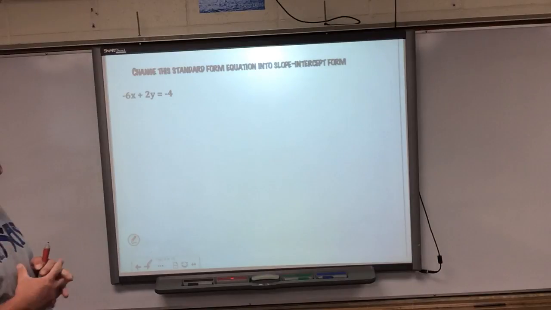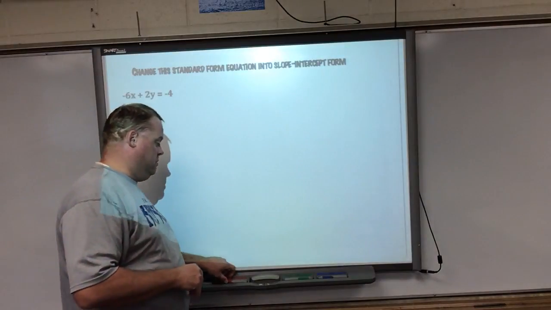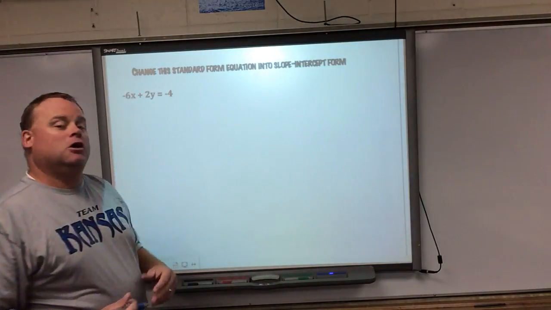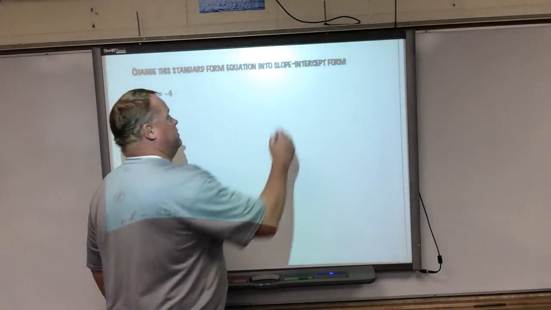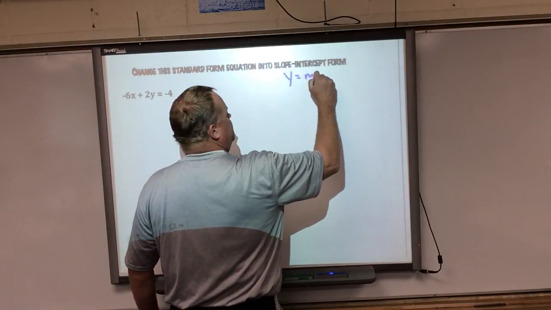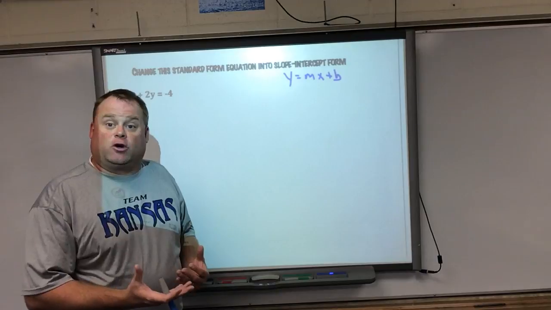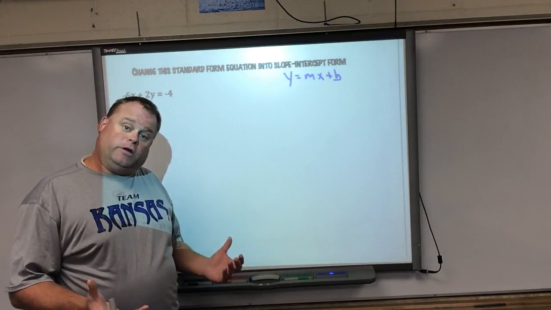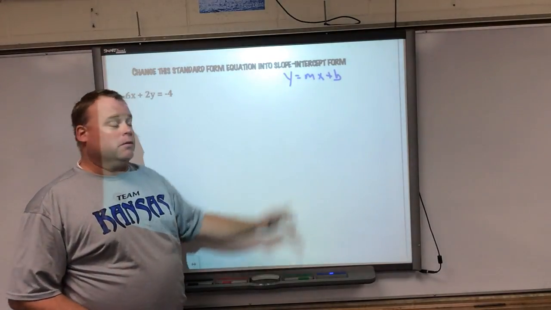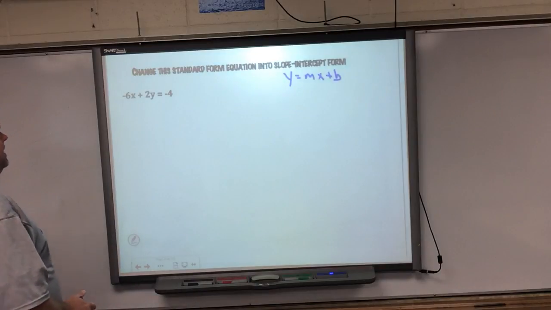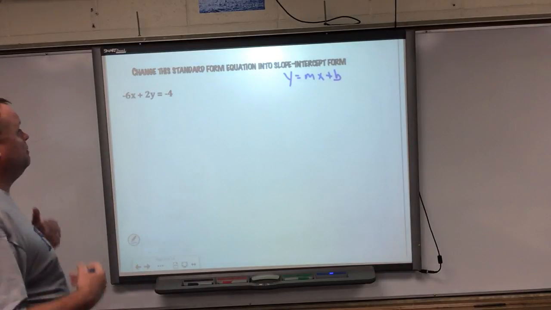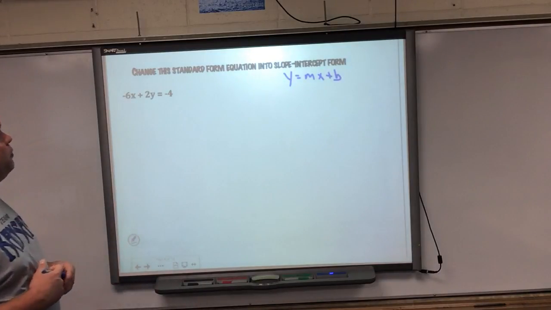Next one, change the standard form equation into slope-intercept form. Well, remember, slope-intercept form is y equals mx plus b. Instead of the equals, we're going to be using inequality signs right now because that's what we're dealing with, but really, it needs to be in this form. Okay? So I look at this, and I have negative 6x plus 2y equals negative 4.